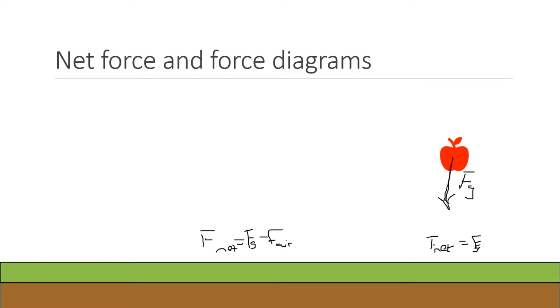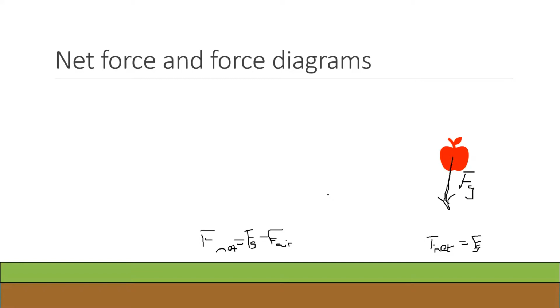And that air resistance force is, again, like friction. It can be equal to or less than the gravitational force. But yeah, that's just the case of an unbalanced force.